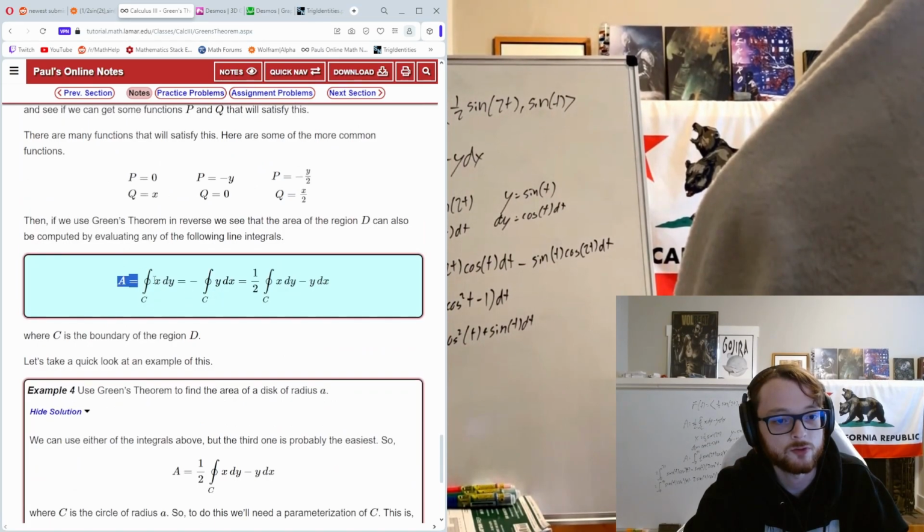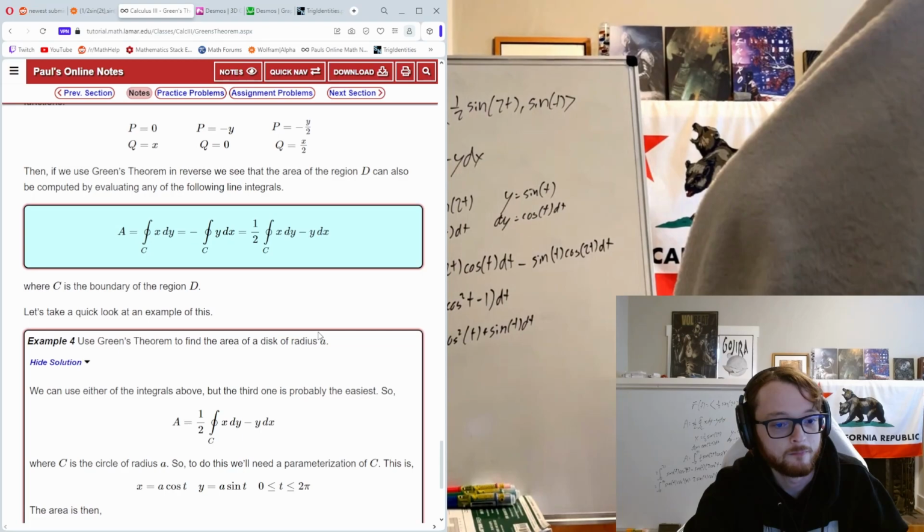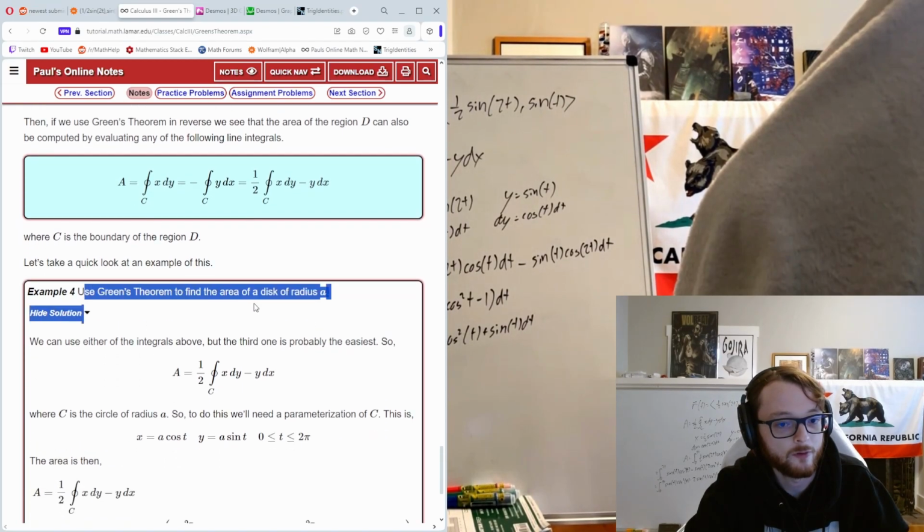So Green's theorem has a few versions in this case, I guess. And I'm just blindly copying the particular one that was used in this example here.